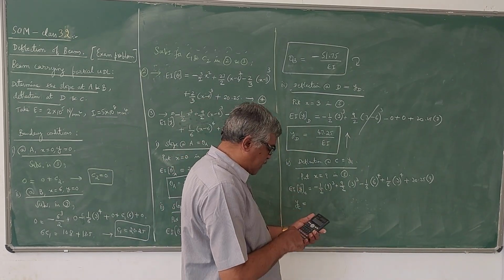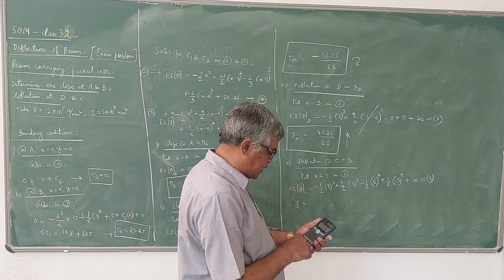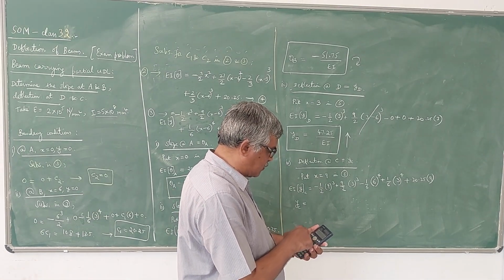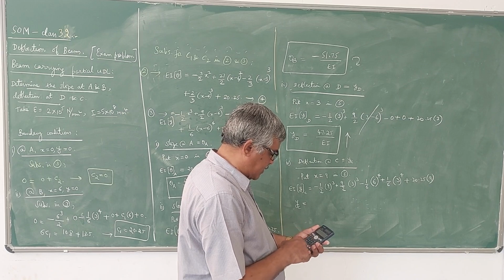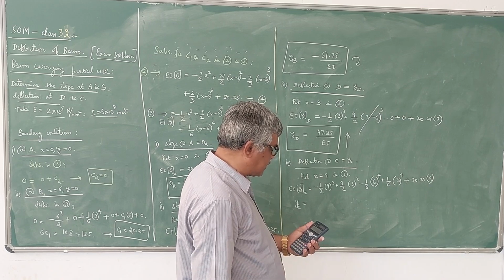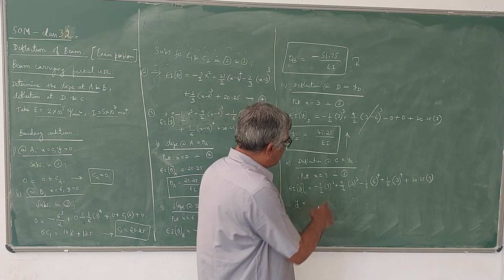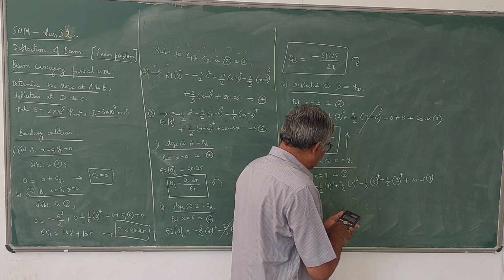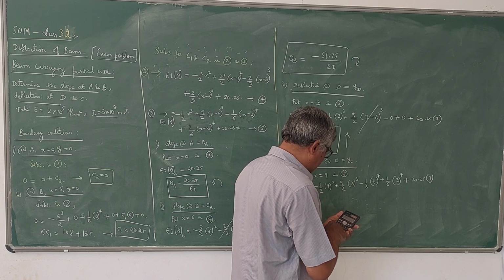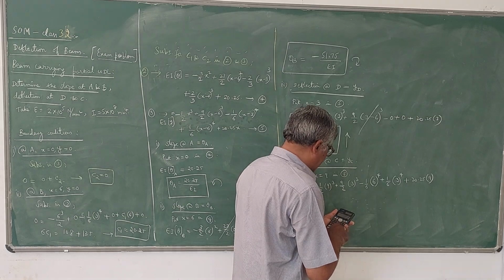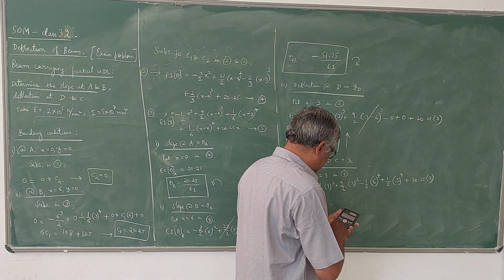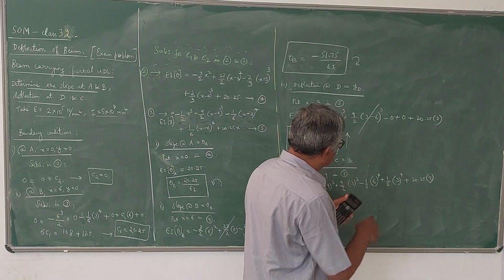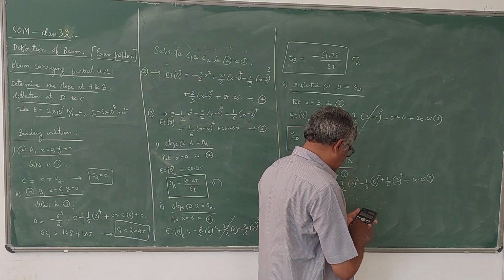Minus 9 cube by 2, so that is minus 364.5, plus, be careful here, 9 divided by 2 is 4.5 into 3 cube, which means 27. You should be very careful in simplification. Then minus 6 cube will be there, that is 216.